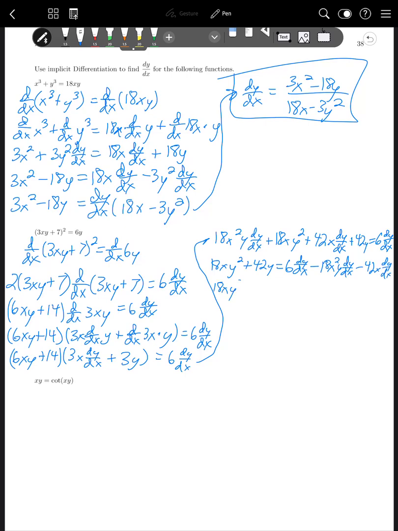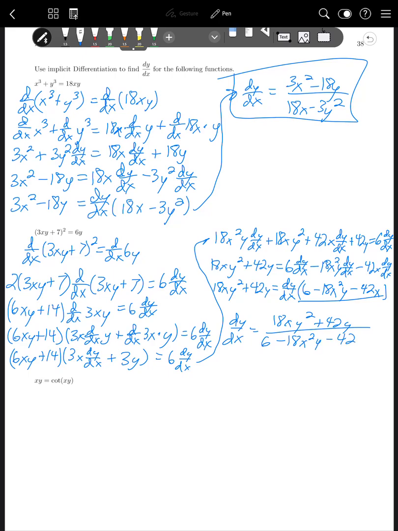So 18xy squared plus 42y equals dy/dx times (6 minus 18x squared y minus 42x), and then we can divide both sides by this. So dy/dx equals (18xy squared plus 42y) over (6 minus 18x squared y minus 42x).